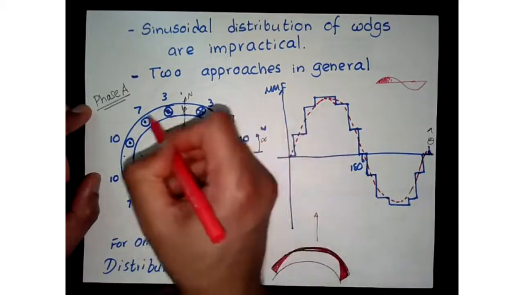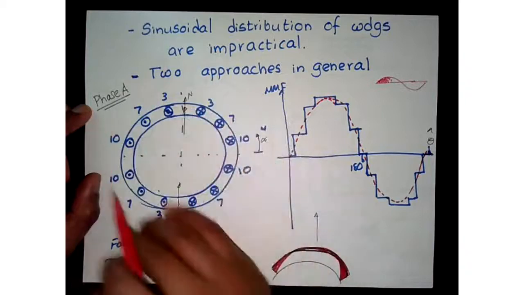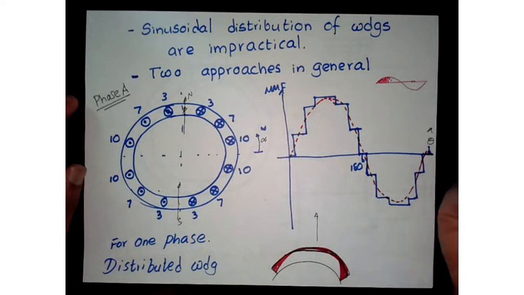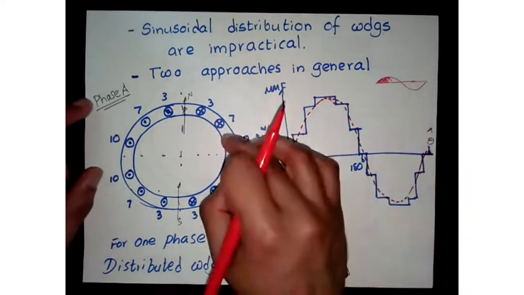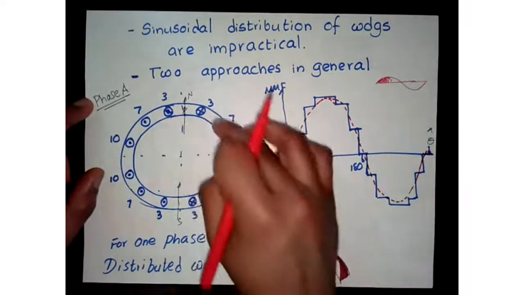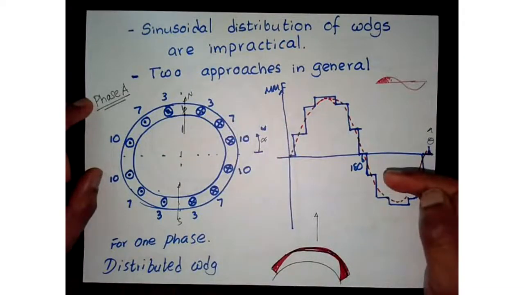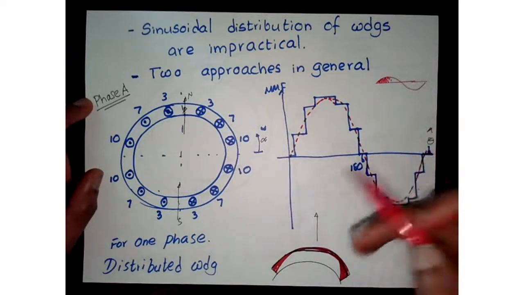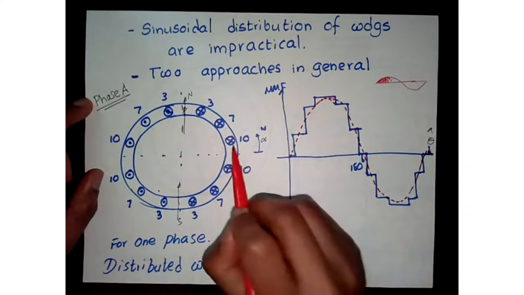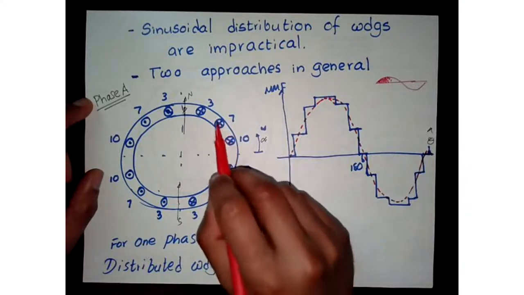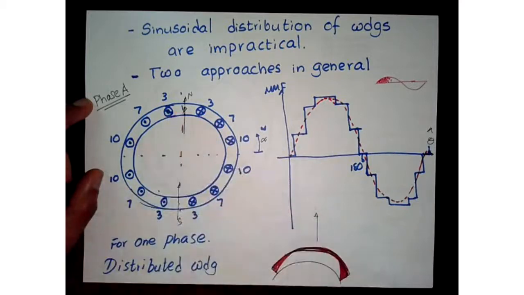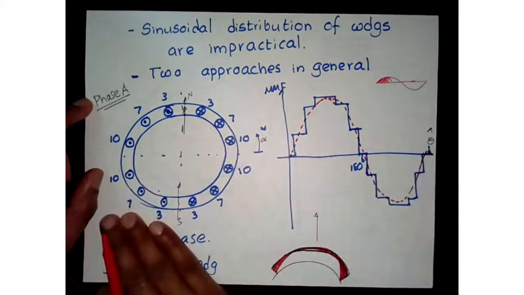So we are changing the number of windings in each slot to get as close to a sinusoidal distribution as possible. Ideally, if we have an infinite number of slots, we can achieve a very fine sinusoid, but given the cost of manufacturing, we have to reduce the number of slots, and now we have a finite number of slots with the number of conductors being different in each slot.